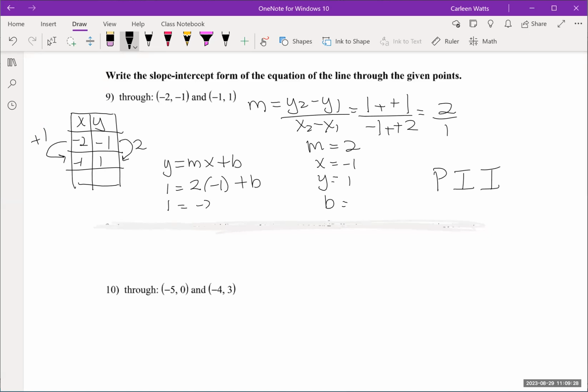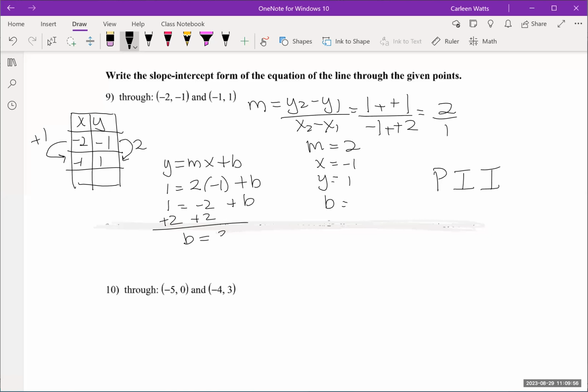1 is equal to -2 plus b. Okay, with your hand, show me what you got for b. Yep. Okay, so we're gonna add 2.